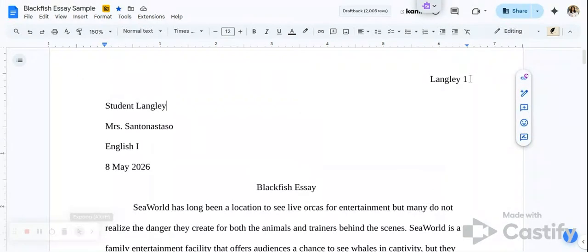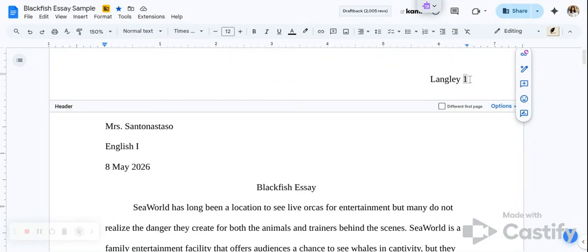So first, you should always master MLA formatting, and it will allow you to have the best possible presentation for a response. So that would be your last name and the page number. The options allow you to automatically add the page numbers right here for the header, and as soon as it's highlighted like that, it'll indicate to me that it was automatically page numbered instead of just typing in the number 1.